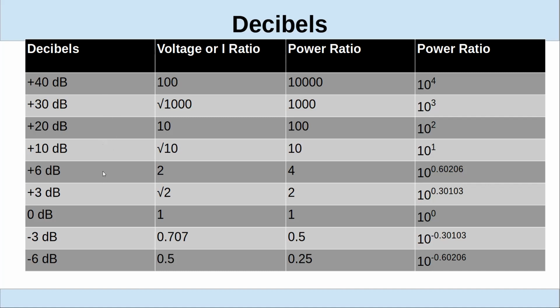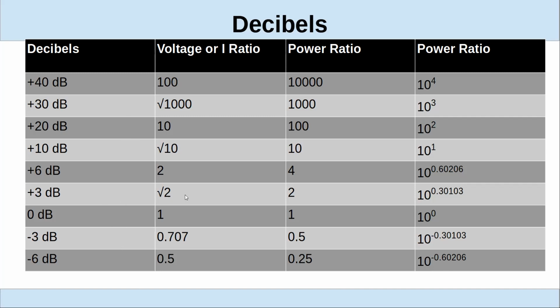Now, if we've got a number that's not a power of 10, let's go to 3 dB first, because this one you see a lot. It's used for cutoff frequencies on filters and things like that. When we use what we call the 3 dB point, where the value is 3 dB less than the normal amplitude.